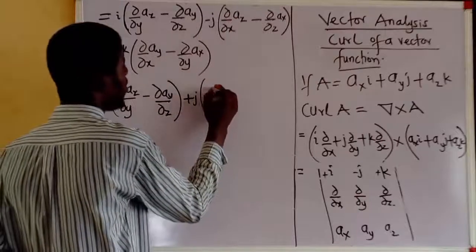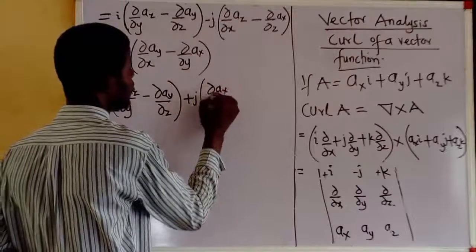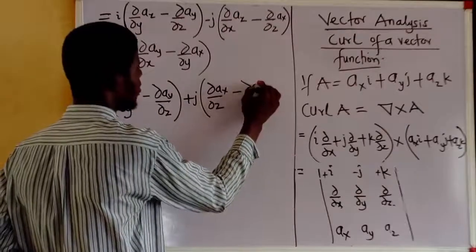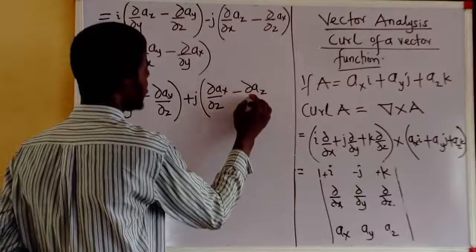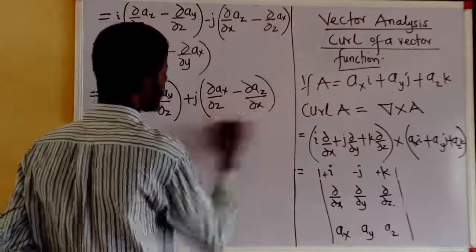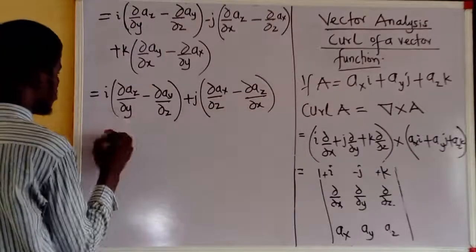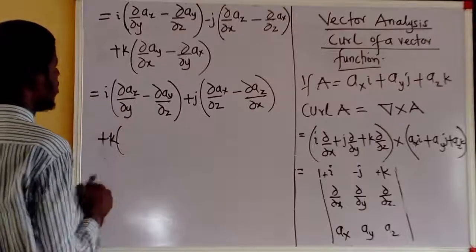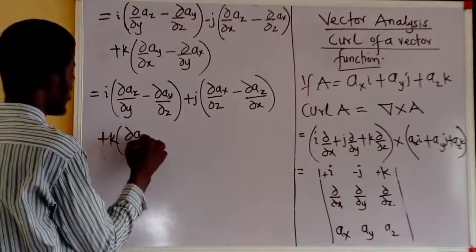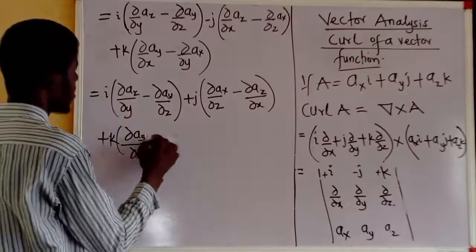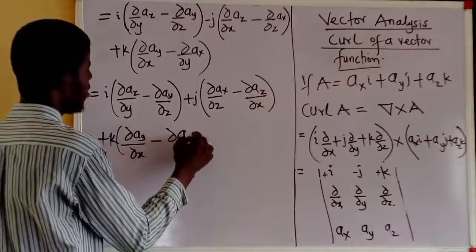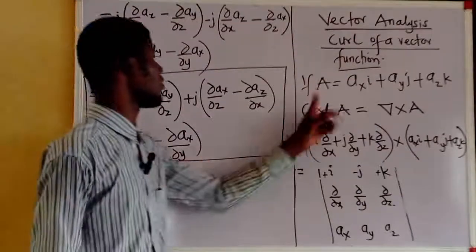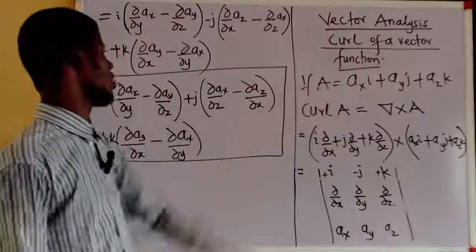So we have the partial derivative of Ax with respect to z minus the partial derivative of Az with respect to x. Then plus k, we have the partial derivative of Ay with respect to x minus the partial derivative of Ax with respect to y. So this gives the curl of this vector A.